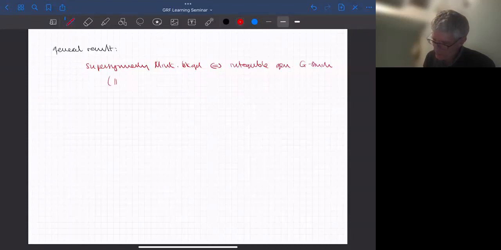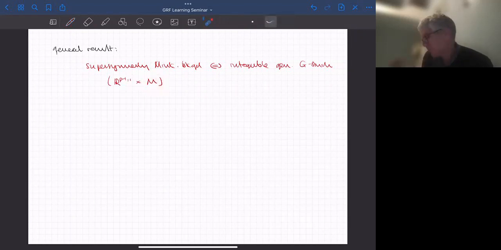Here I mean some Minkowski space in some dimension times some internal space. So if I'm focusing on the geometry on this internal space, and I'm compactifying 10 or 11 dimensions, that geometry is always described by some integrable generalized G structure.